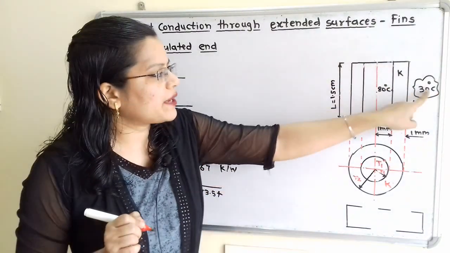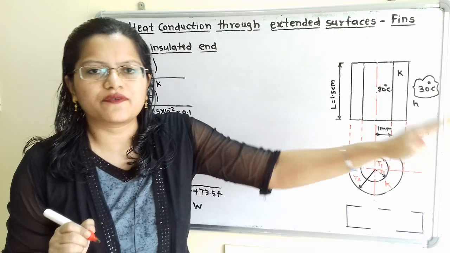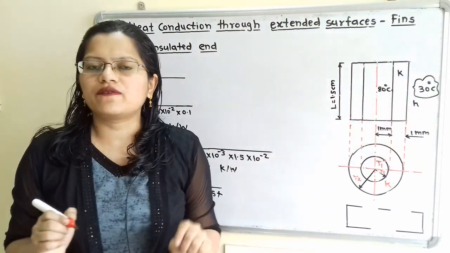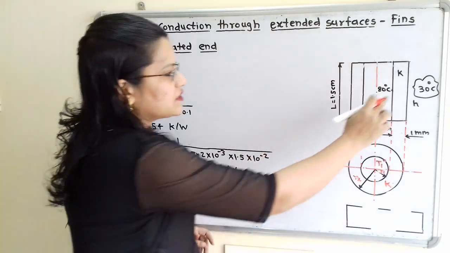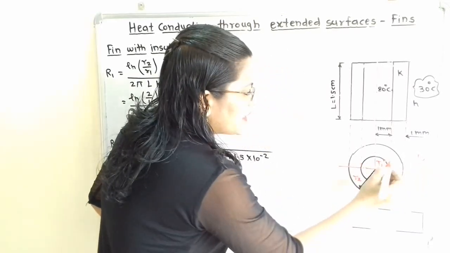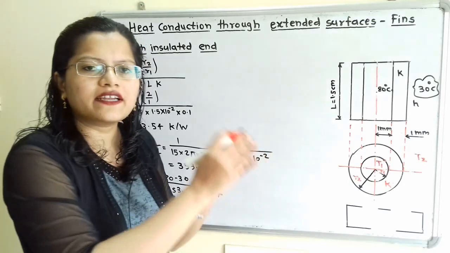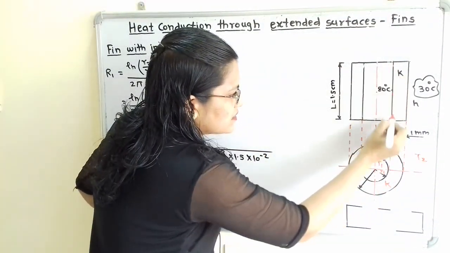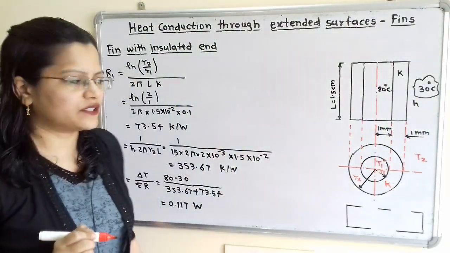Now the surrounding temperature is given as 30 degrees Celsius, and the heat is transferred through the convection process, and the convective heat transfer coefficient h is also mentioned in the question. This temperature is T2. So here is T1, here is T2, and the heat is transferred from this transistor surface towards the surrounding temperature.